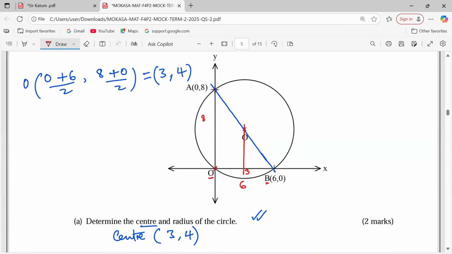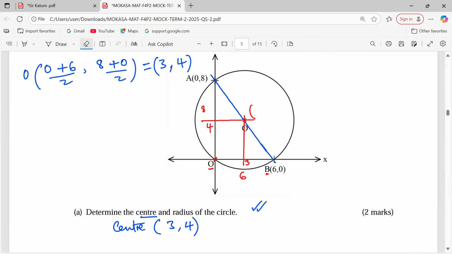So if we bisect this chord, we must pass through the center, and from the origin to this point we'll be having 4 units. So you can see 3 units and 4 units, they are meeting to give us the center as 3, 4. We start with the x value, 3, 4.